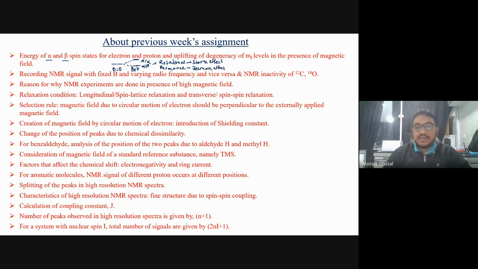This is known as the Zeeman effect. So I have stated the difference between these two effects: in case of rotational levels, the Stark effect needs an electric field, the splitting of degeneracy in presence of an electric field, and the Zeeman effect is the splitting of degeneracy in presence of a magnetic field.